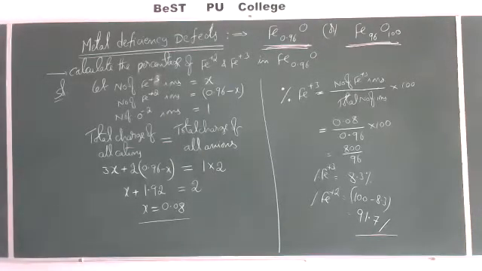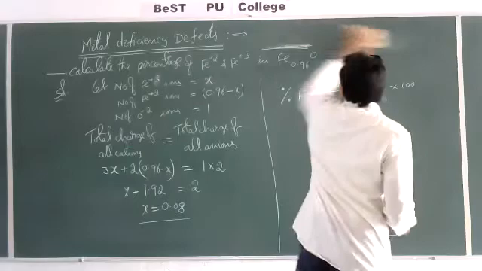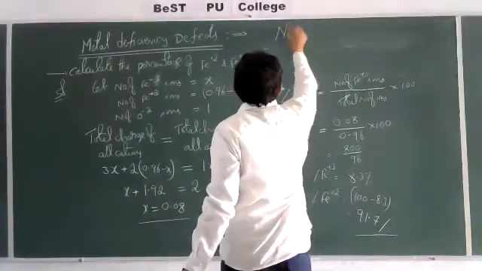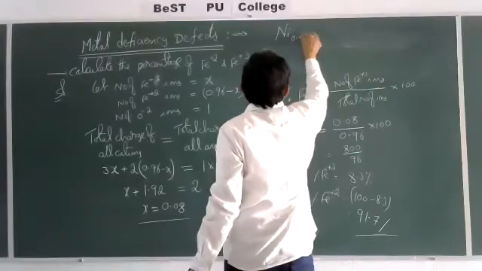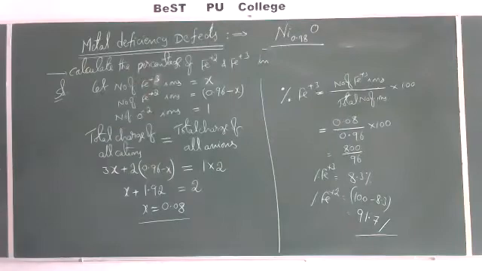Now, in the same model, I'll solve one more question. This is also given in a textbook. So now I'll take an example, Ni 0.98 O. This is also a non-stoichiometric compound.